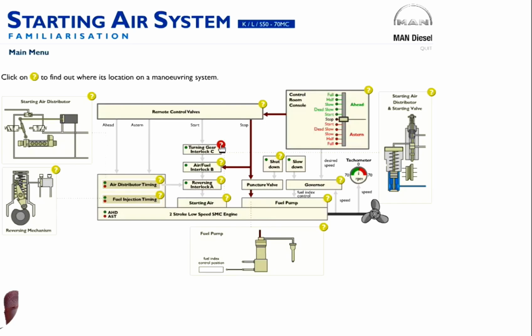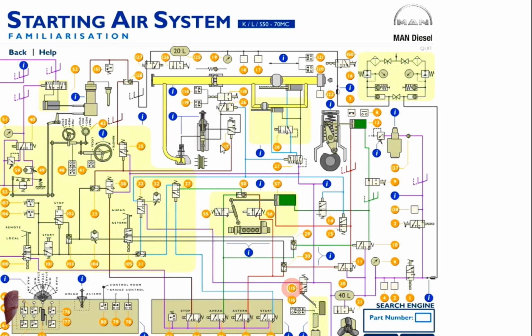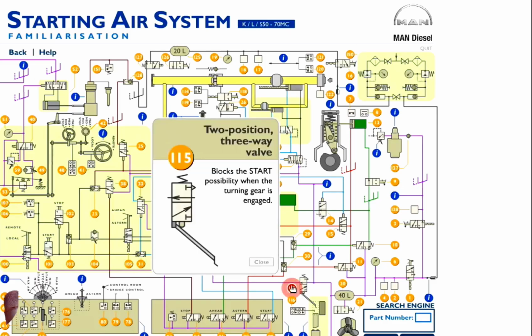So we press interlock gear, interlock C, and direct the system. We have all the air system diagram here, pointed here, 115. We go there, we can see that this is a 2-position 3-way valve, and this blocks the start possibility when the turning gear is engaged.